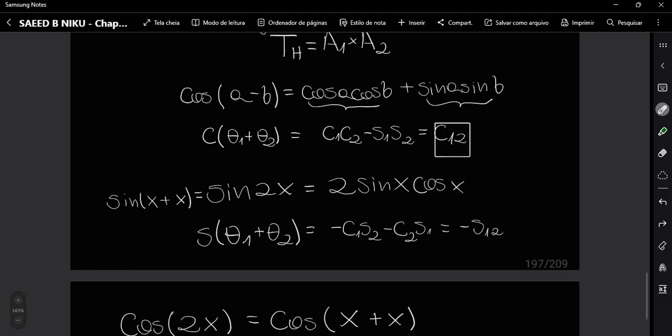So we have two different ways to see this matrix. We are just simplifying using these trigonometric properties, not identities, properties.